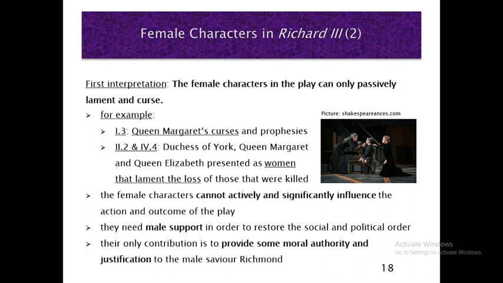And so in the context of this first interpretation, the women only suffer, lament, and by doing so provide some moral authority and justification for the main male savior, Richmond.